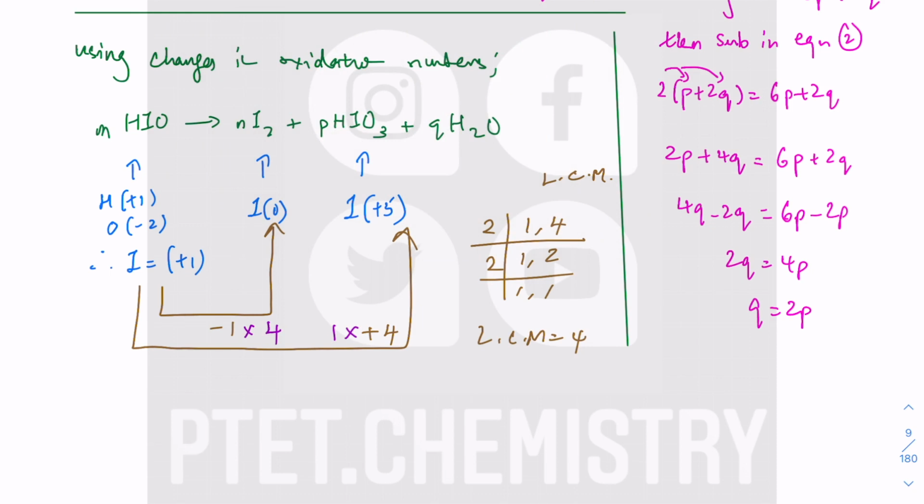Alright? So it has to be a change of 4. So there has to be 4 in front. So if m is equal to 4, and this has to be multiplied by 1, so P must be 1.